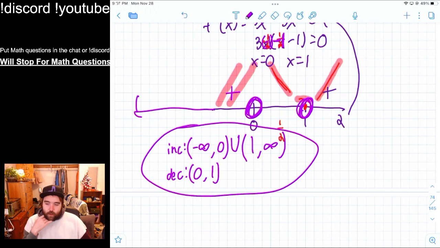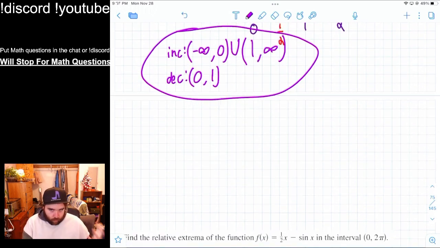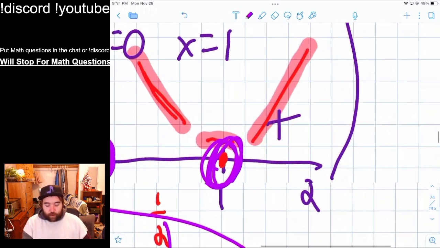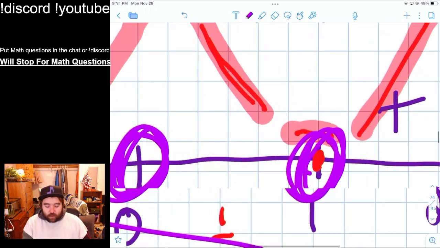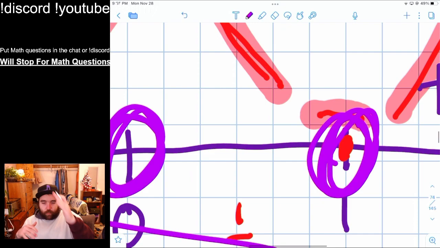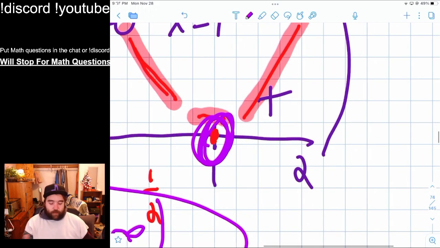You're looking at where is the derivative 0. If it's ever undefined, you're looking at where is it undefined. And then you're checking in between all of those values to see if in between those values, is it positive or negative. Because if it's negative at any point in between one of those two values, it's negative the entire way. Same with being positive, of course.